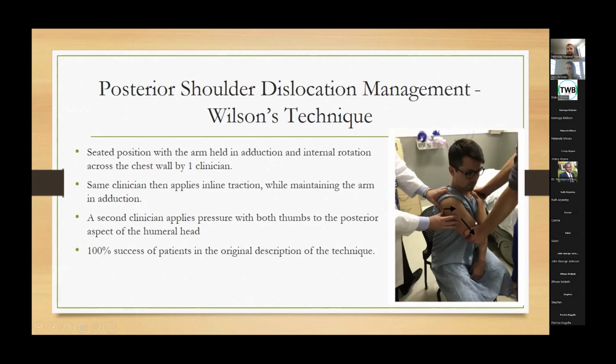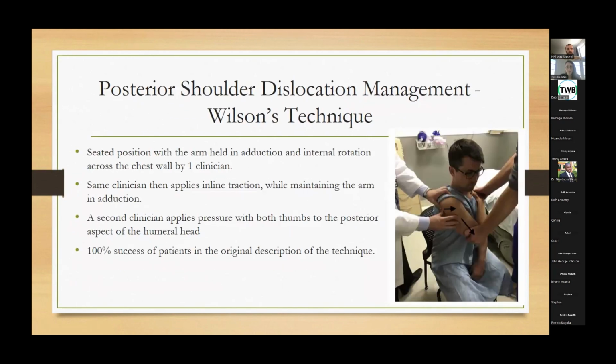So those three movements: abduction across the body, gentle downward traction, and a gentle force pushing the humerus from the posterior position back into the glenoid fossa. That's called the Wilson's technique.